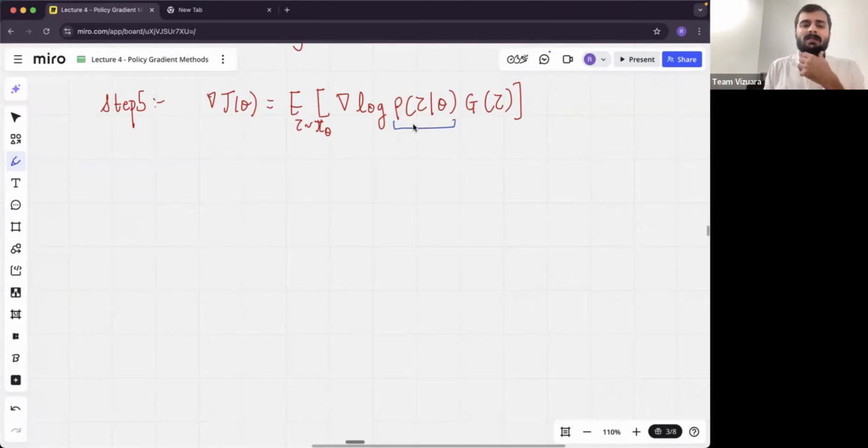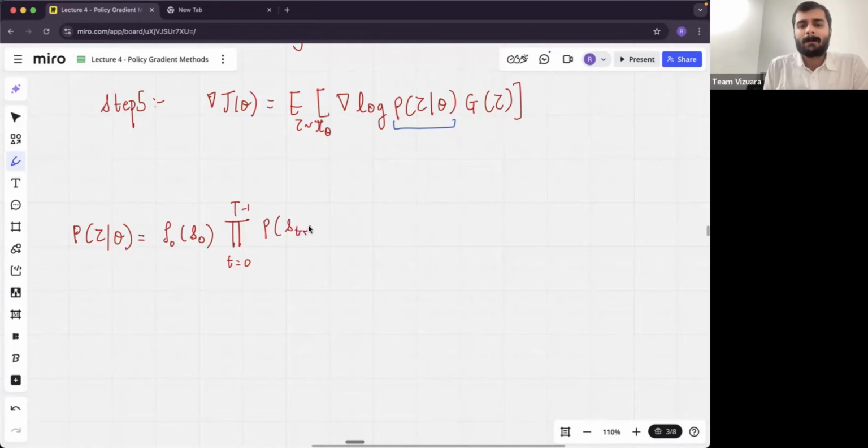So I am going to expand this probability of tau given theta as the probability of the initial state, which is the S0 starting state, which I am calling rho 0, and then the product, where this pi denotes that I am going to multiply whatever is coming inside, of probability of st plus 1 given st comma at, times pi of at given st. So what does this mean? How has this transformed to this?